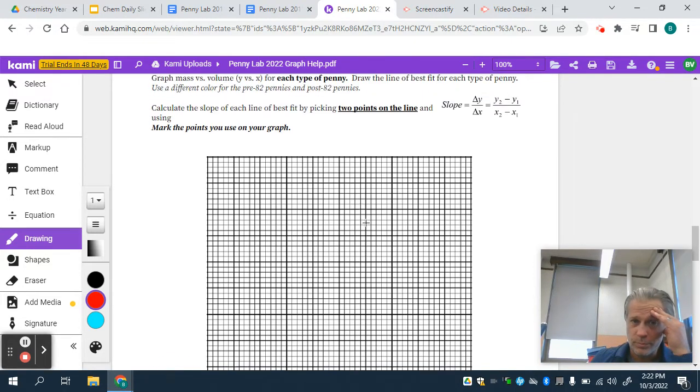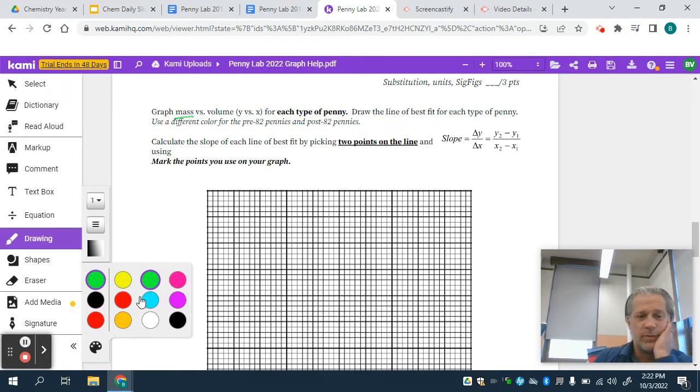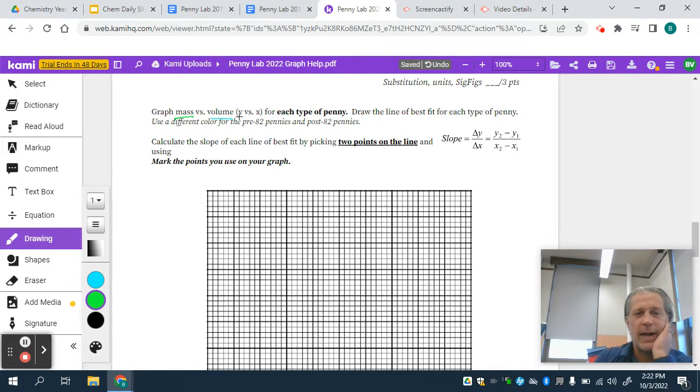The directions here tell you to graph mass versus volume as y versus x.